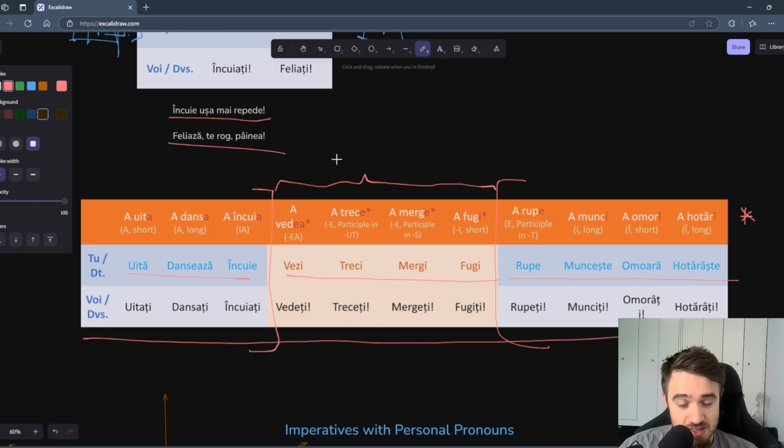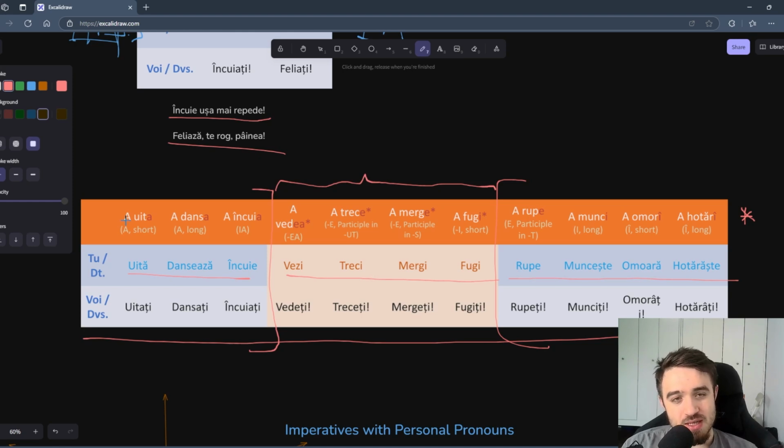As you can see here, there are some sort of exceptions. There are even more when we talk about direct and indirect objects. So here, what happens is, let's take one by one. Yeah. So a uita, forget. If I want to say someone forget it, I say "uită".